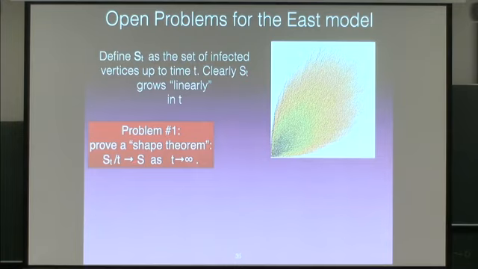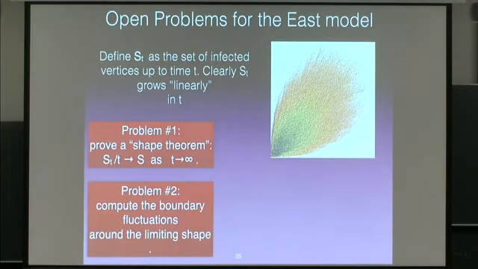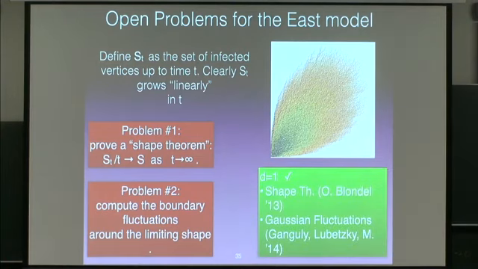Namely, if you renormalize this set by t and send t to infinity, does it converge to some convex set? And what are the fluctuations of the boundary for large t? This problem was solved in 1 dimension. The shape theorem was proved by Jurgen Blondel, and with Ganguly and Eyal Lubetzky, we proved Gaussian fluctuations of the front in 1 dimension, but in 2 dimensions this seems to be a big and very interesting problem. Thank you.